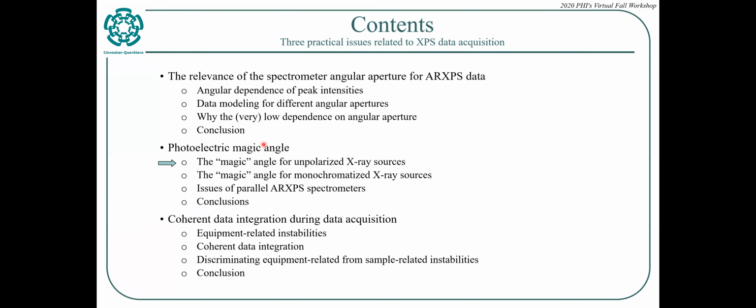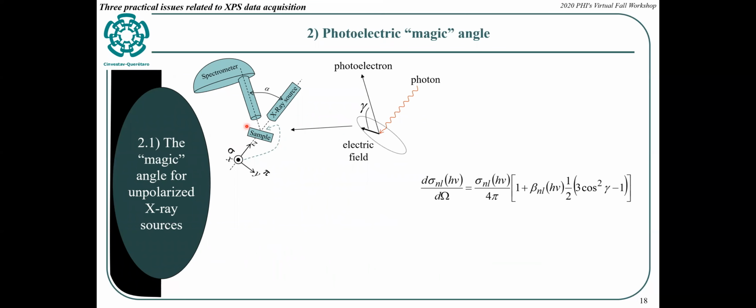The photoelectric magic angle. Okay, when we do experiments, we shine X-rays onto the samples and collect the electrons with a spectrometer. The photons shining from this source have, of course, an electric field that is perpendicular to the photon direction.